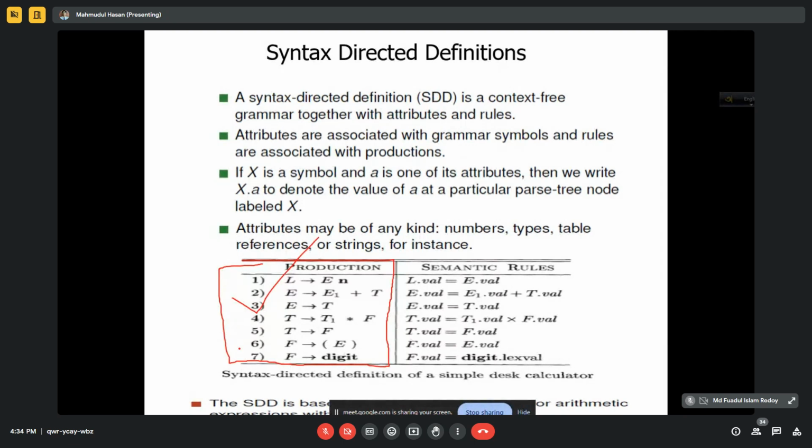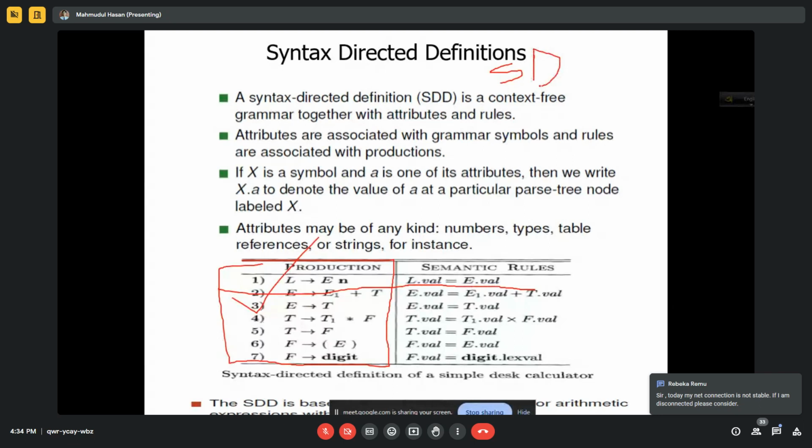So this is part of the syntax analysis phase. But when we apply semantic rules with this production, that time it is known as syntax directed definition, SDD.